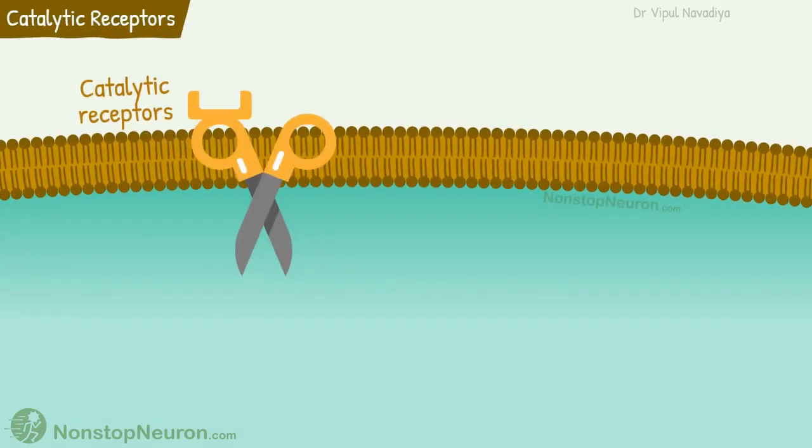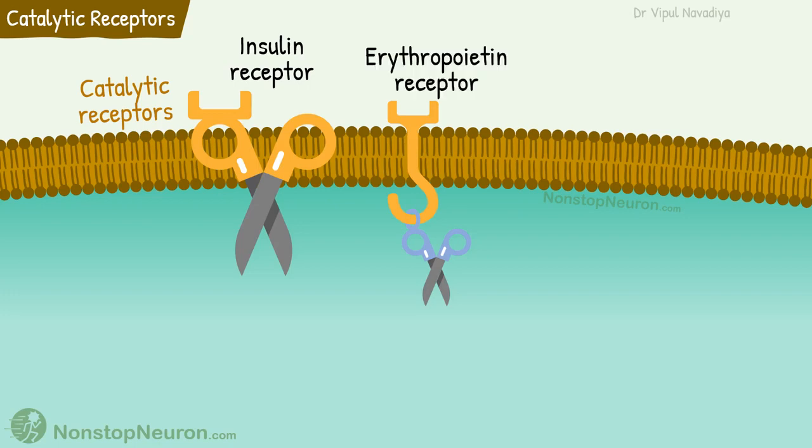Now, catalytic receptors. As per the name, they have enzymatic activity. Some of them are catalytic themselves, like insulin receptors, while others are not catalytic themselves but associate with other proteins that are catalytic, for example, receptors for erythropoietin.